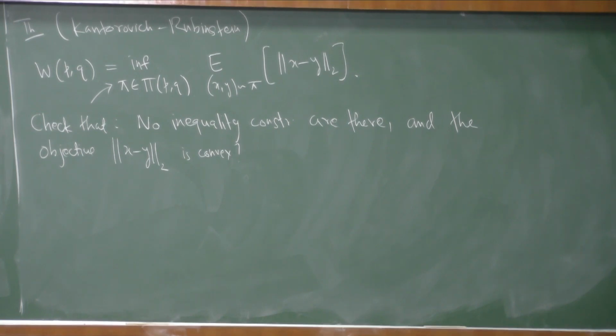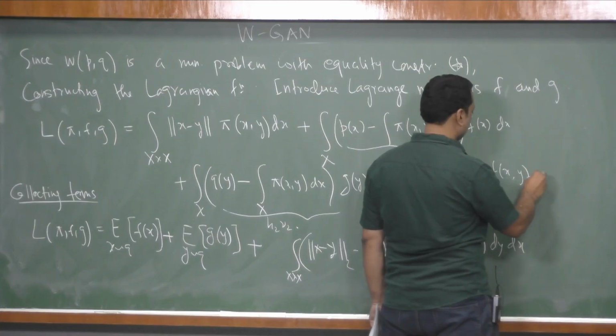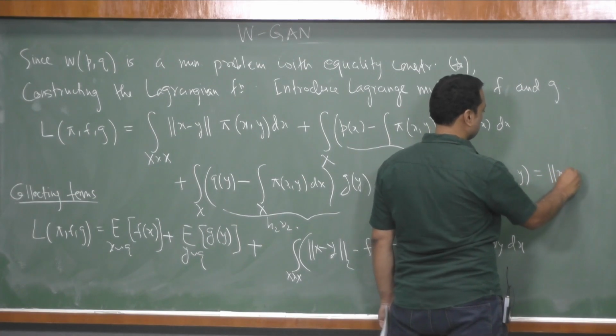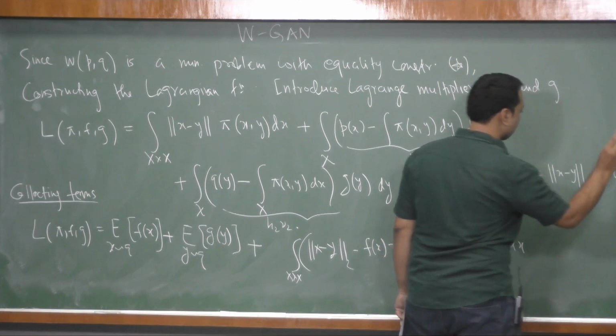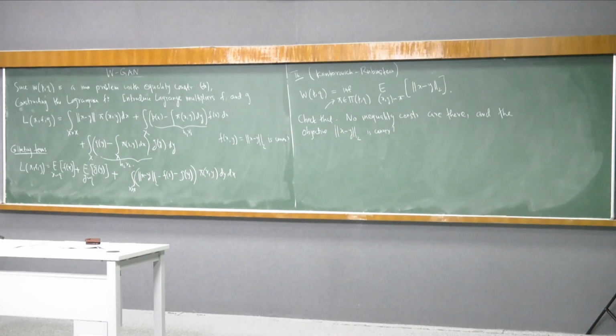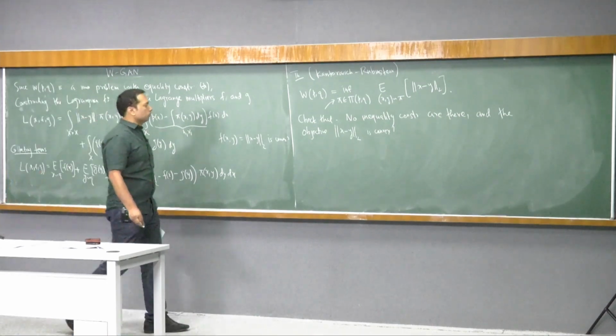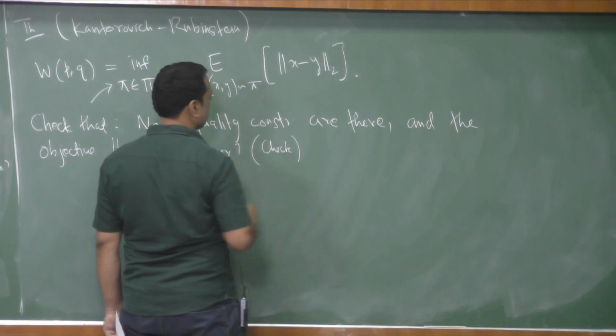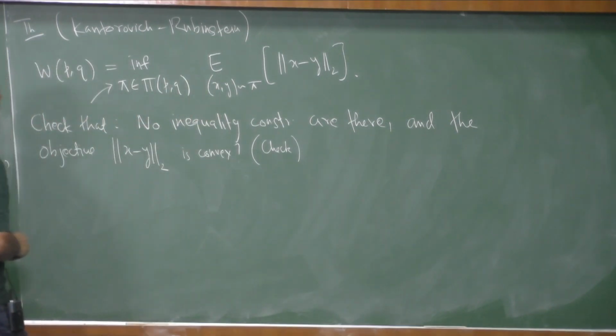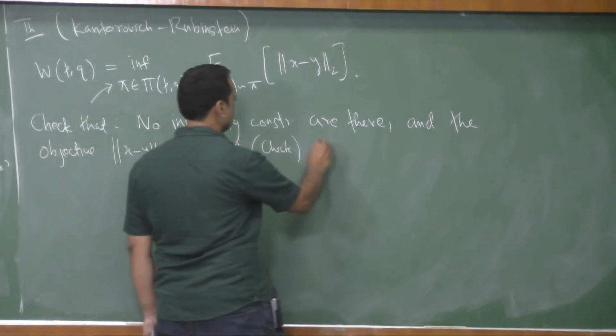So it is a function of this form, and also there is an expectation outside, so that is another level of thing, but I believe that should be fine. So f(x,y) is norm of x minus y, and it is convex. So these verifications are needed. We can do this as a check, as an exercise offline. If it is convex and there is no inequality constraint, then the Slater condition holds by default.